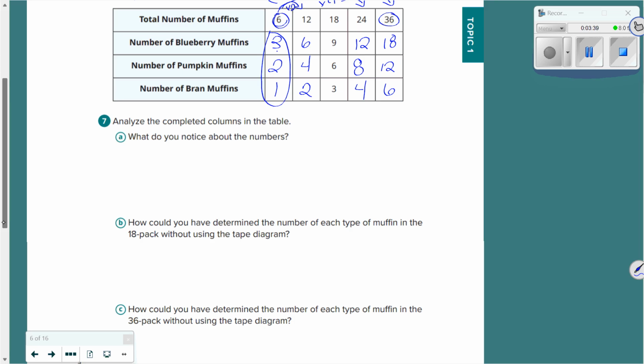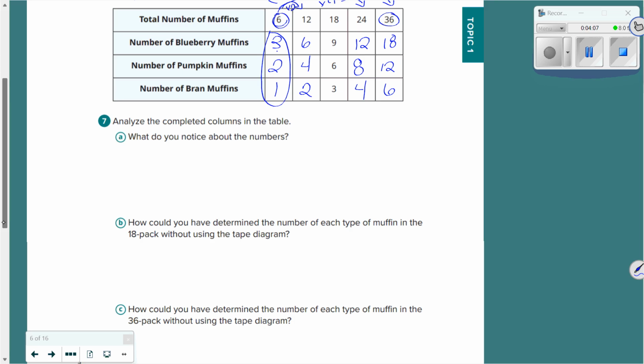What else do I notice about the numbers in the columns? Look at each row from left to right. So the total number of muffins on the top is 6, 12, 18, 24, 36.